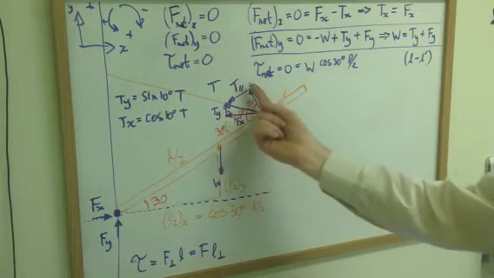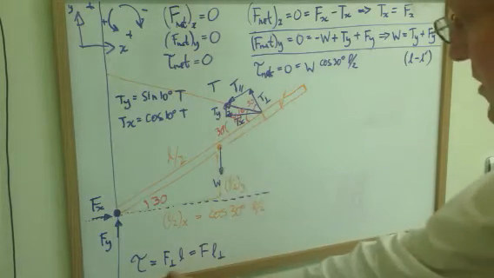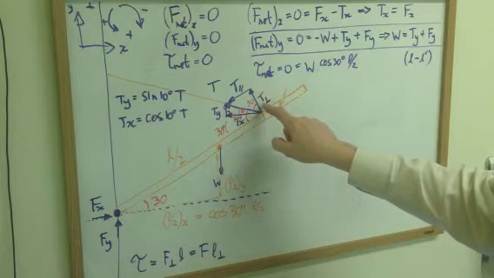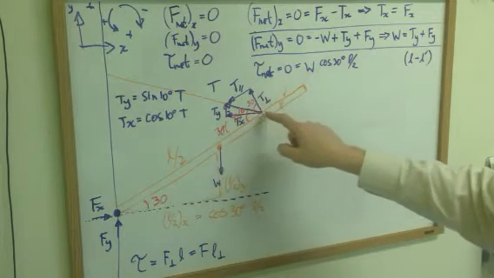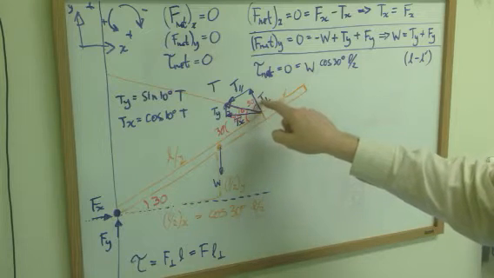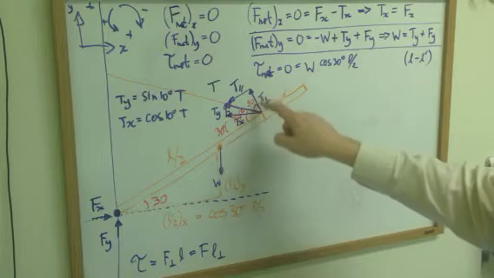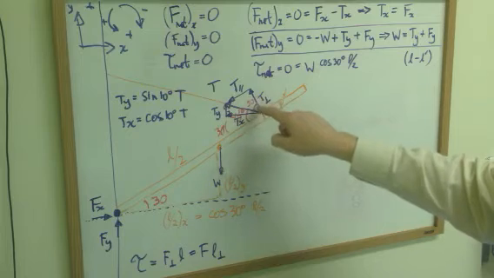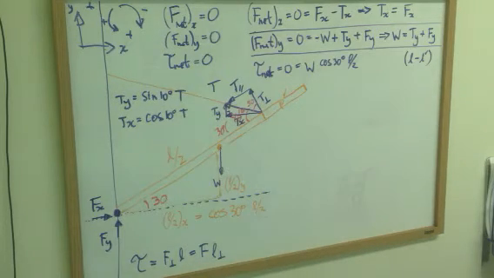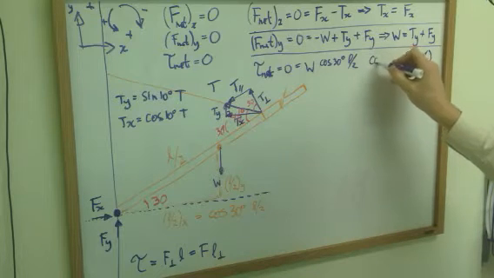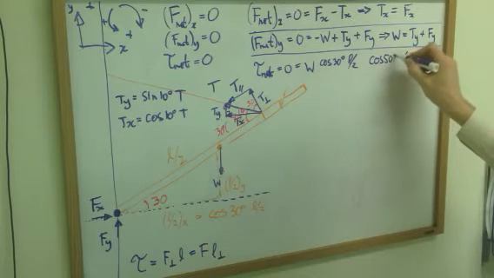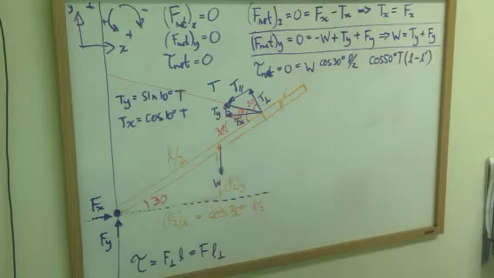The perpendicular force is the perpendicular part of the tension. This is the adjacent side to 50 degrees, not the opposite side. So it's cos 50 degrees times the tension.